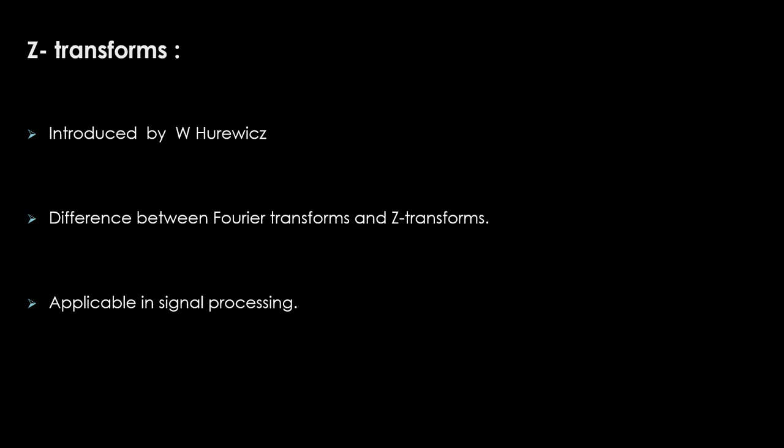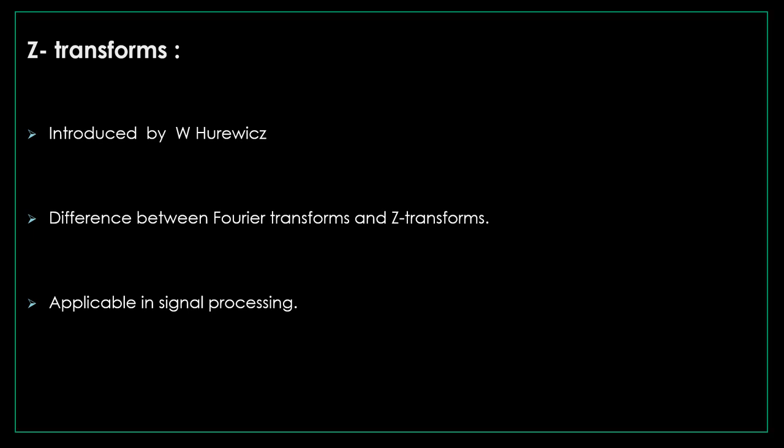Z transform is used to convert discrete time domain signal into discrete frequency domain signal. It has wide range of applications in signal processing. It is mainly used to analyze and process digital data.